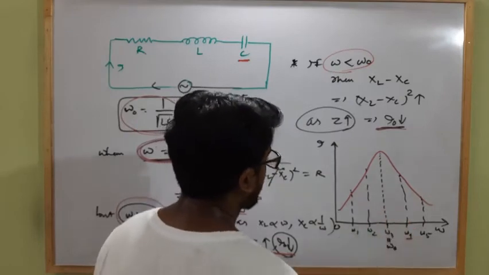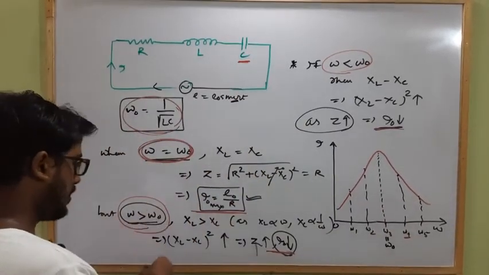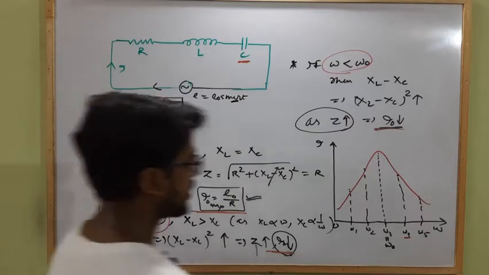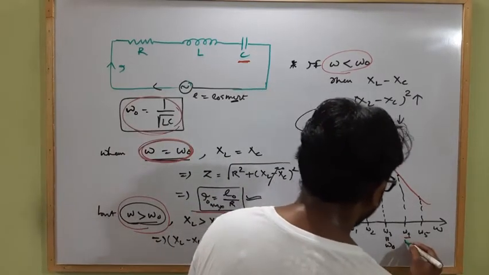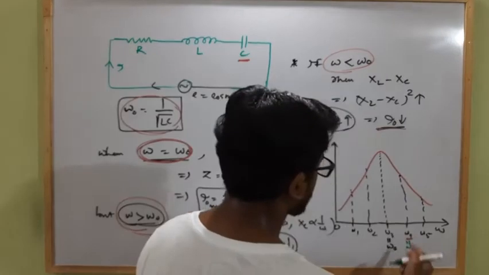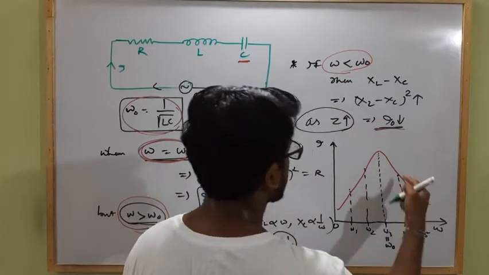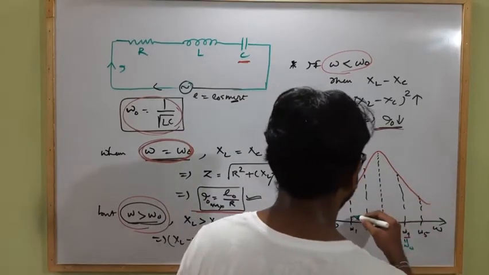Then when it is applied to the circuit, what will happen? It will give us a graph like this, because here omega 4 becomes equal to the natural frequency omega naught. So at omega 4 we will get the maximum current. So the graph will be like this.